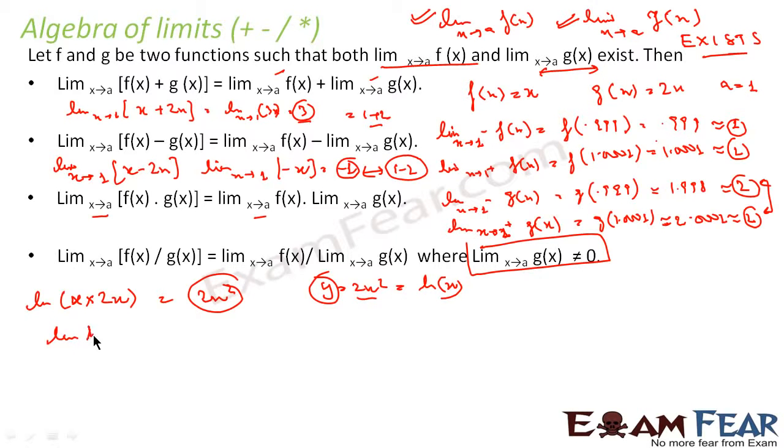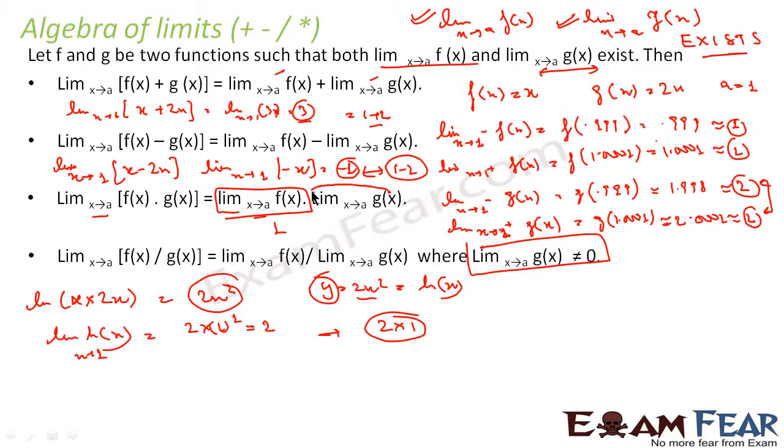So we'll say limit of h(x) where x tends to 1 is nothing but 2 into 1 square, that is 2. Here also if you multiply the two limits which we have got, limit of f(x), this value we have got 1, into limit of g(x), this value we have got 2 into 1, that is 2. So here also we can see 2 is equal to 2.